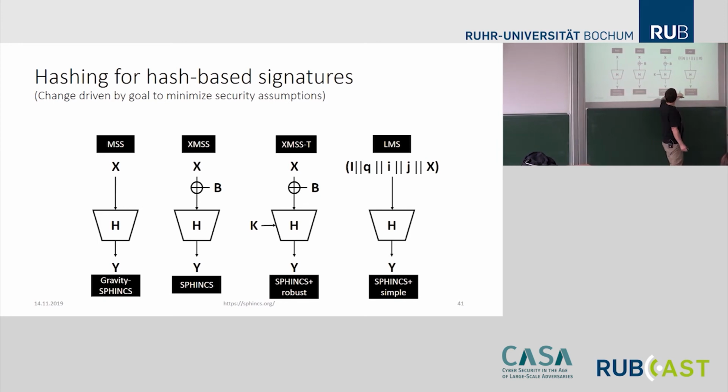And that was what we use in what we now call Sphincs+ robust. So that's one construction. And then we've got the Sphincs+ simple, which builds on an approach that was used in LMS. And they essentially do the same thing. They name the parameters differently, but you can think about it as just take the key, take the bit masks, prepend it to your input, and then hash everything.